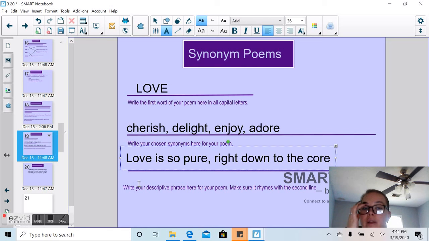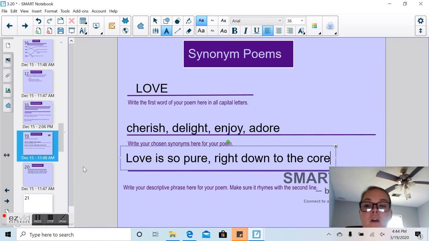All right, so I chose my title, or my word, and it's love. And the synonyms I chose were cherish, delight, enjoy, and adore. And then my descriptive phrase about love, I said, love is so pure, right down to the core. Now notice my last 2 words in each line rhyme, adore and core.